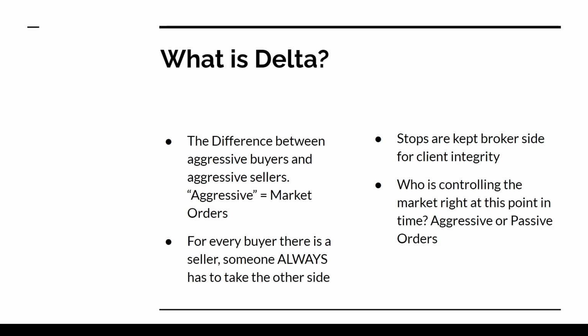Or is the limit controlling the price? What I mean by that is, if sellers are aggressively hitting into the bid and the market is not going down, we're seeing that the limit bid orders are controlling the price.